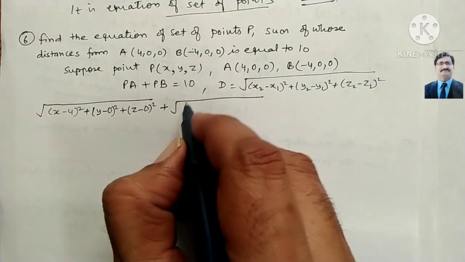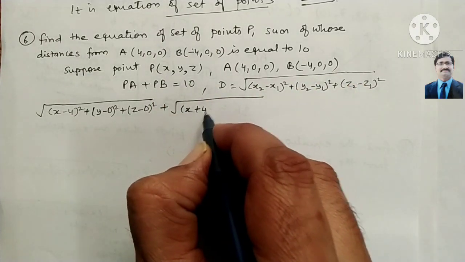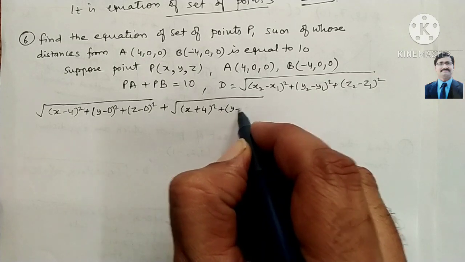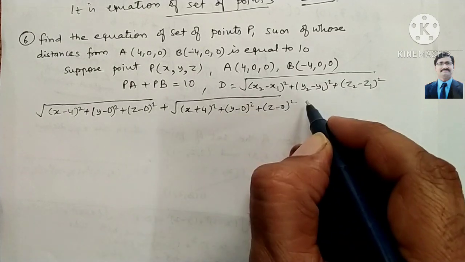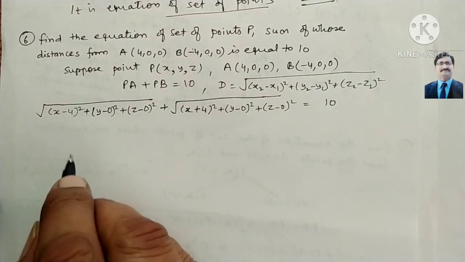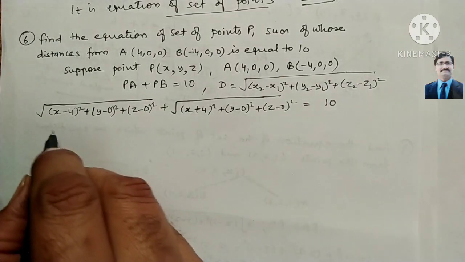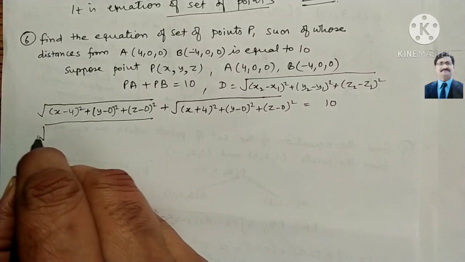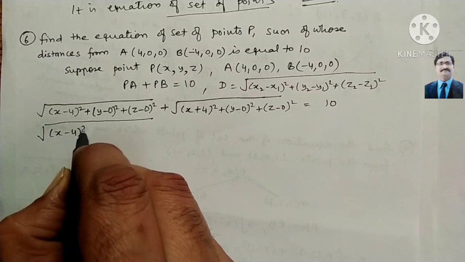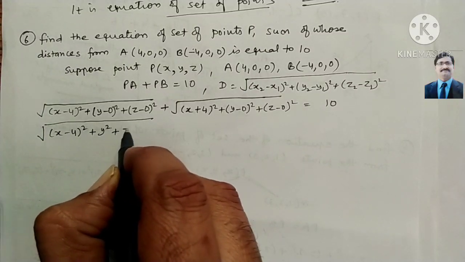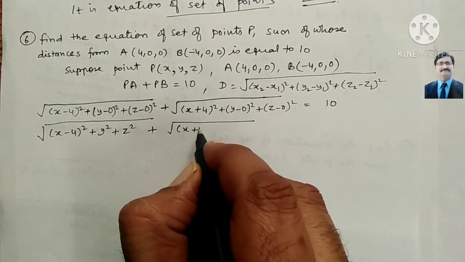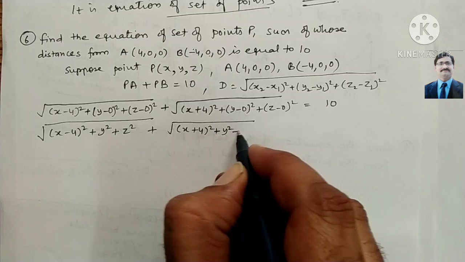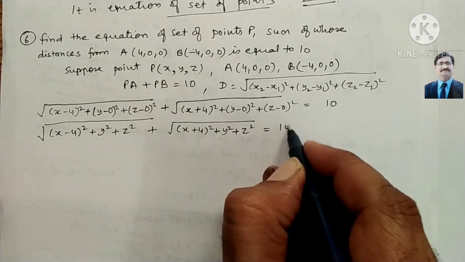PB is also the same: x plus 4 whole square plus (y minus 0) whole square plus (z minus 0) whole square, and this is equal to 10. We can write it in the simplest form: root of (x minus 4) square plus y square plus z square, plus root of (x plus 4) whole square plus y square plus z square, equal to 10.